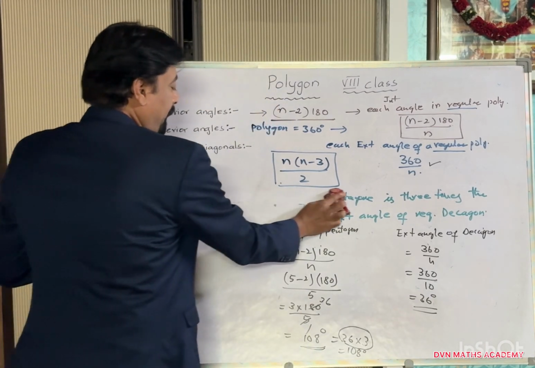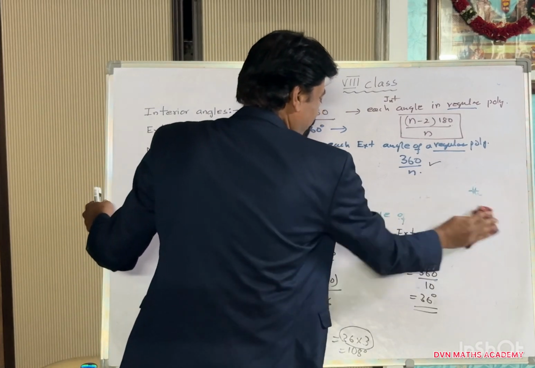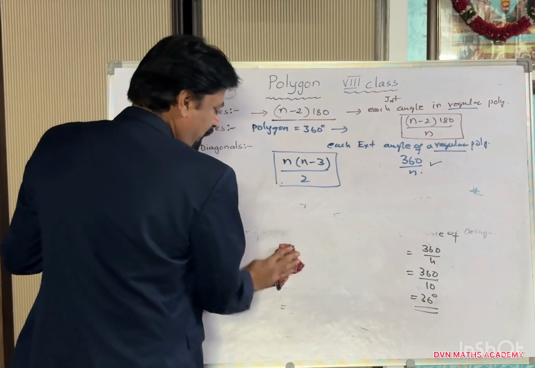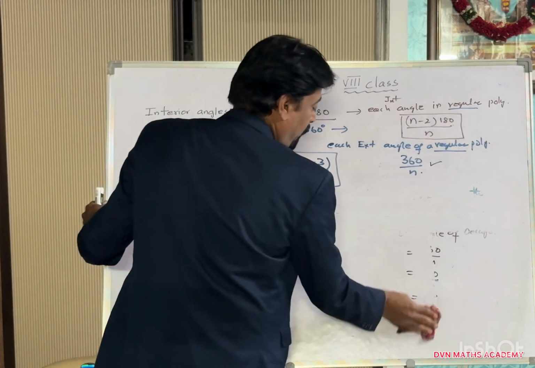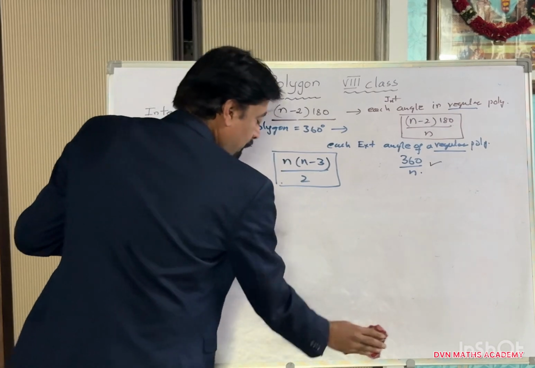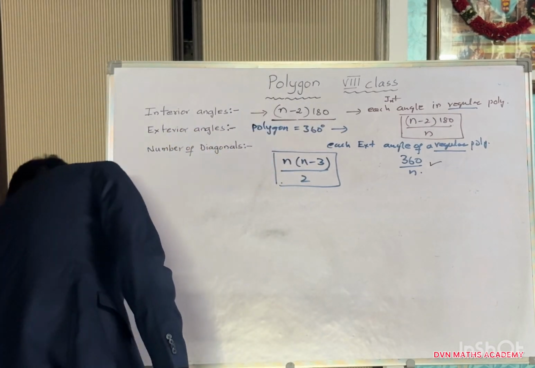And I am going to another interesting question. This is also very interesting. So these are very interesting and important questions for all 8th class students who are facing their annual examinations in CBSE, and by the state also.